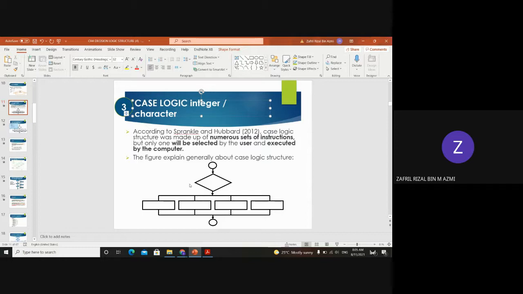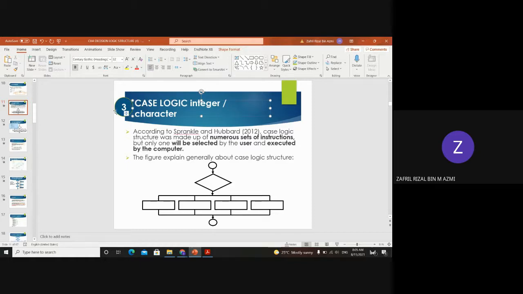If the decision involves a floating point number or a string, we cannot use case logic structure. In that case, you need to apply the normal if-else statement.